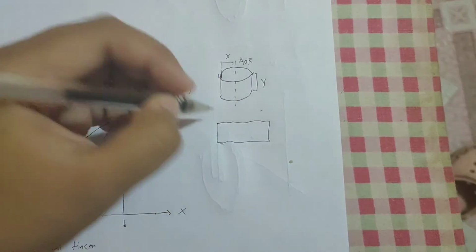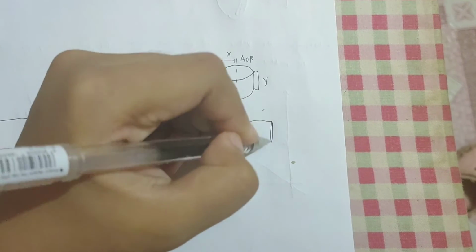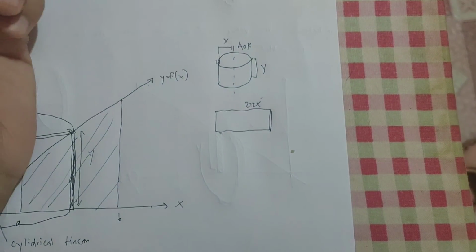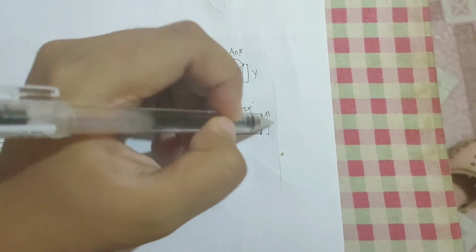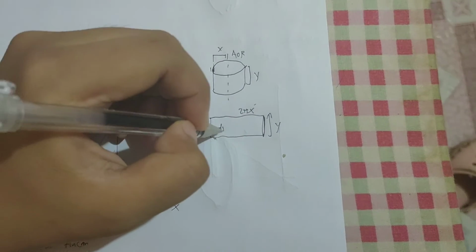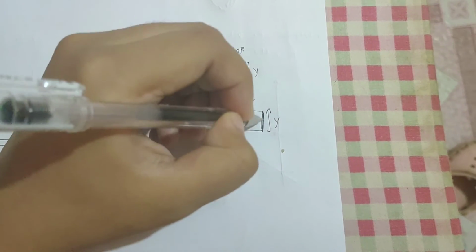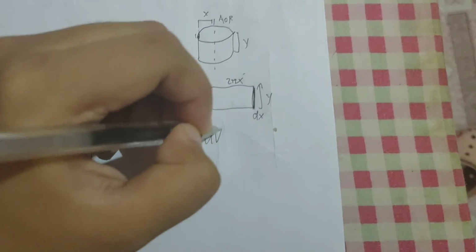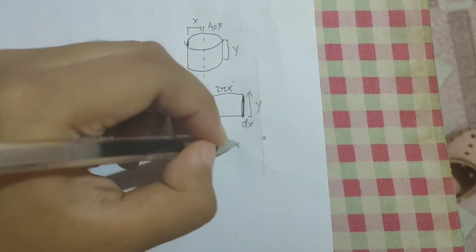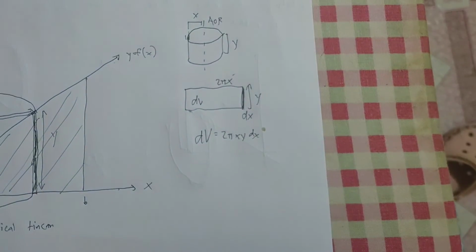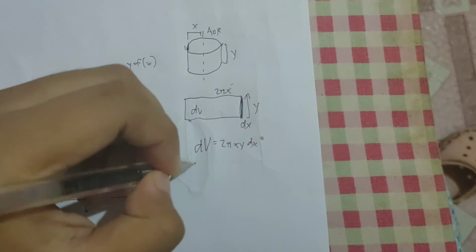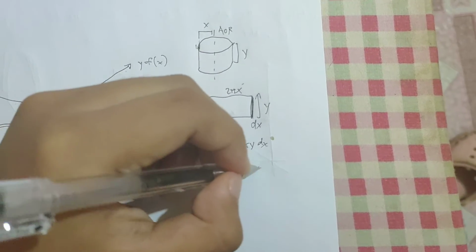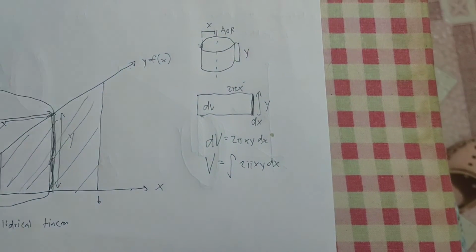To solve the area, this will be 2 pi x. The height of this is y. The inside is dv, and the thickness of this is dx. So dV equals 2 pi xy dx. To derive the formula, V is the integral of 2 pi xy dx.